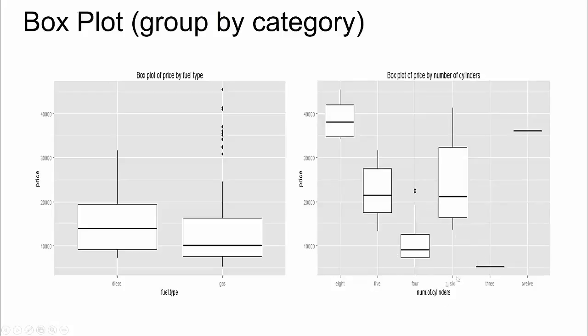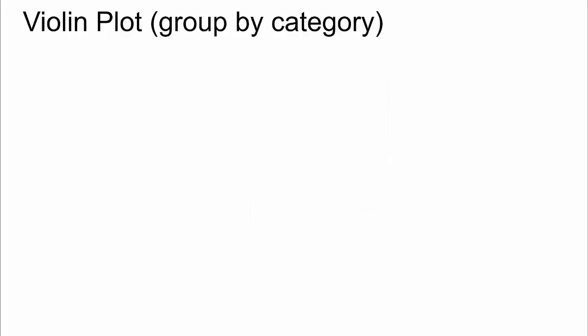And then we get some odd things. I think there's just one 3-cylinder car and one 12-cylinder car, but you can see where those lie. So just by changing what that group by variable is, that aesthetic, now we get a different view of the data. It doesn't have so much to do with the type of fuel the engine uses, but the number of cylinders has a big effect on the price of the car.